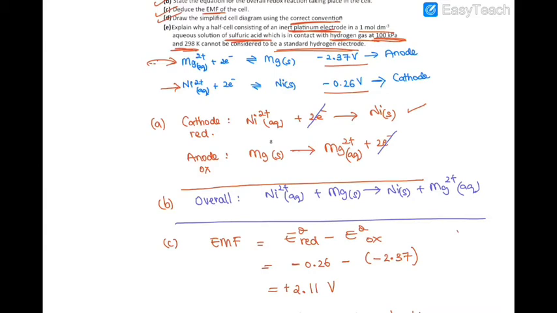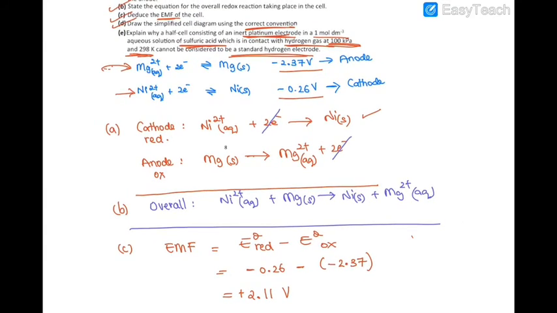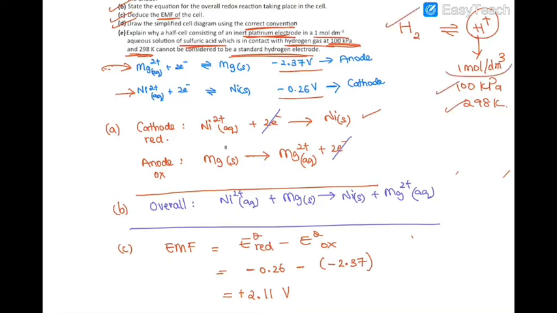If you still remember the standard hydrogen electrode, you need hydrogen gas in equilibrium with H+, and H+ should be 1 mol per dm cubed, and this should be at 100 kilopascal, and this should be at 298 Kelvin. This is satisfied, this is satisfied, and this is satisfied.